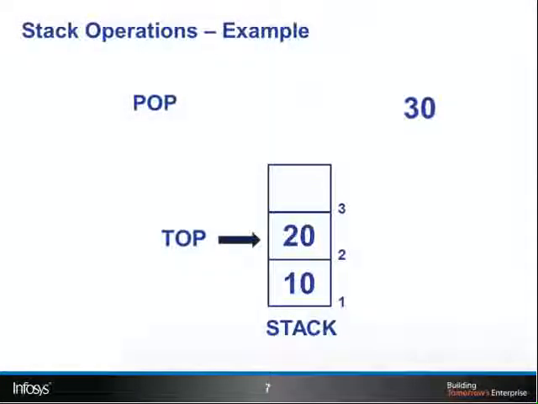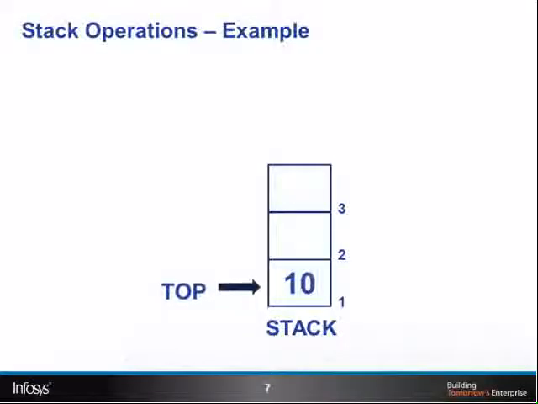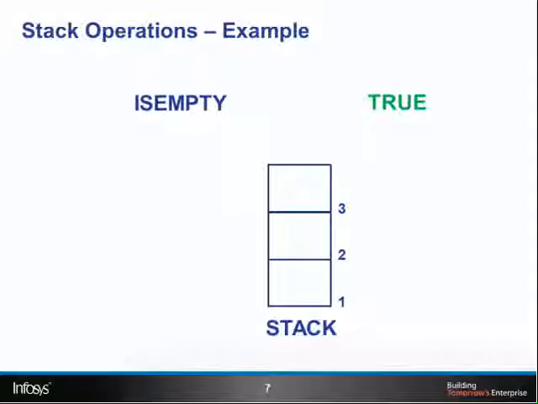What if we use IsEmpty operations now? Undoubtedly, it will give us false as the stack is not empty. But if we apply 2 more pop operations on this stack and then use IsEmpty operation, it will give us true, indicating that the stack is empty.